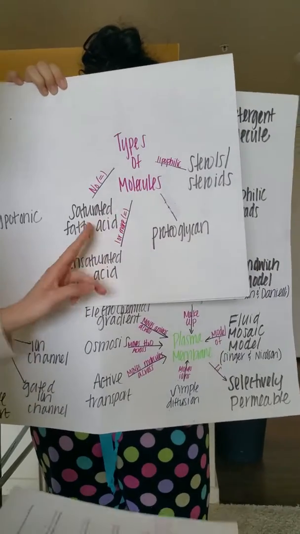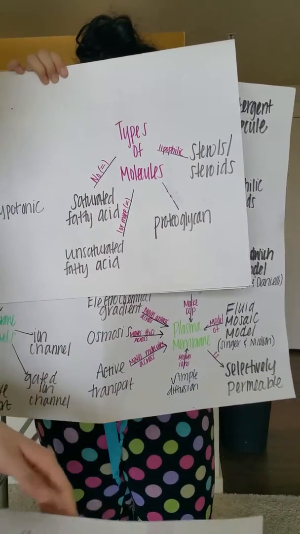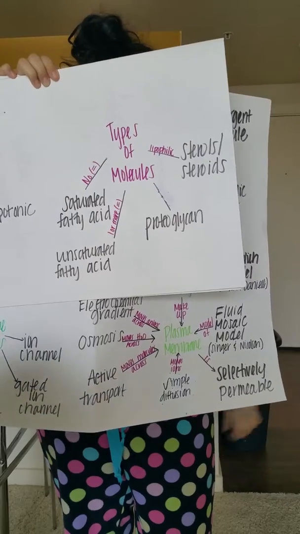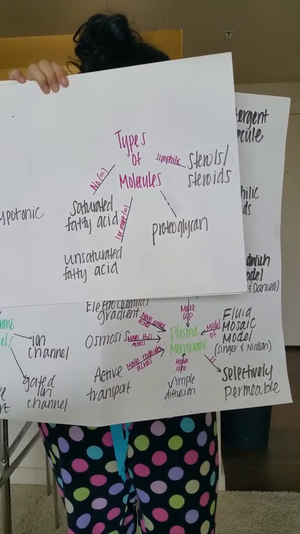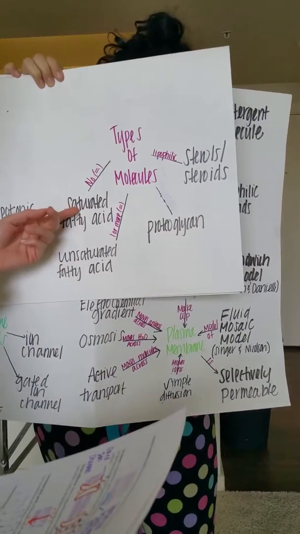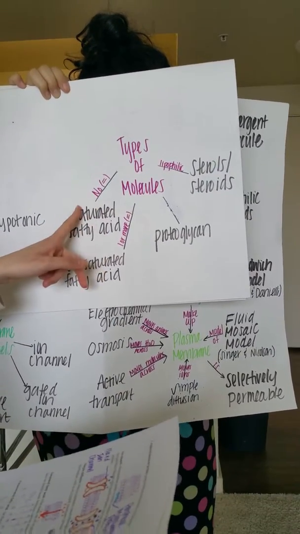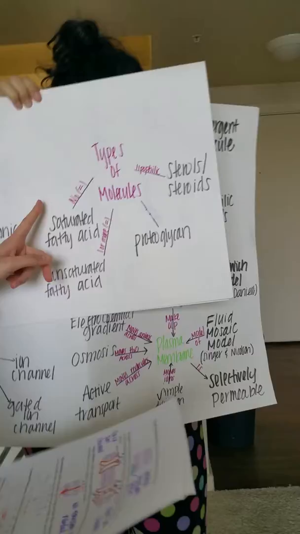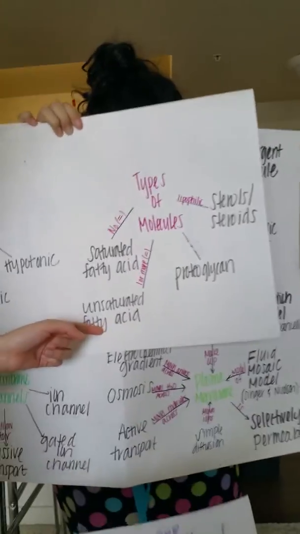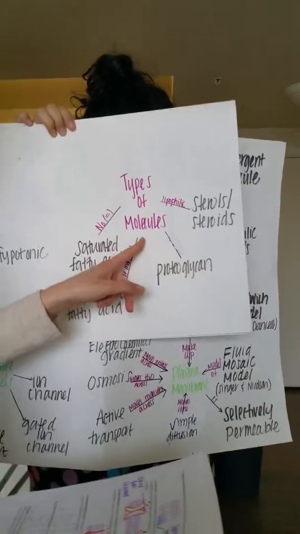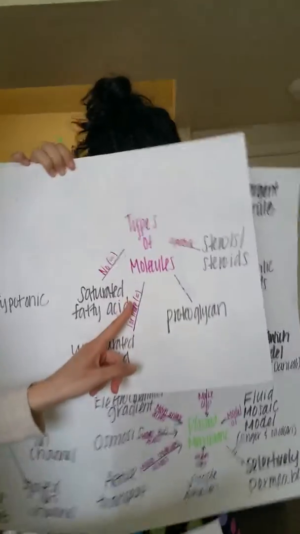We have our saturated fatty acids, a fat molecule that contains no double bonds between the carbon atoms of the fatty acid chain, as opposed to our unsaturated fatty acids, which contain one or more double bonds between the carbon atoms of the fatty acid chains.